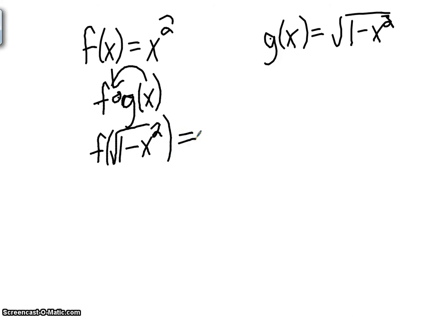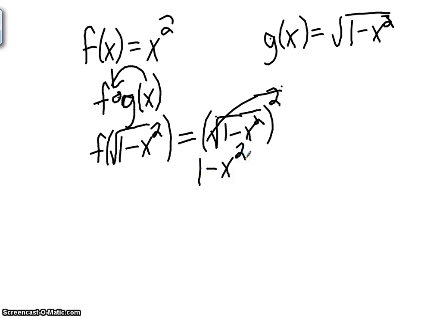So I need to have x squared. So I've got the square root of 1 minus x squared. That will be squared. Now the square and the square root will cancel like normal. I'm left with 1 minus x squared is equal to my composition of f composed of g of x.